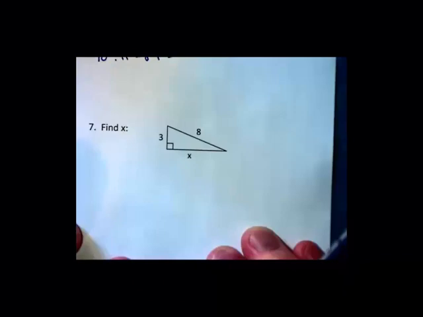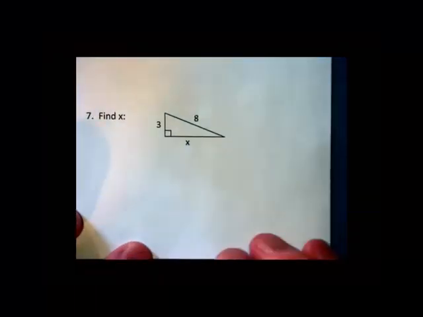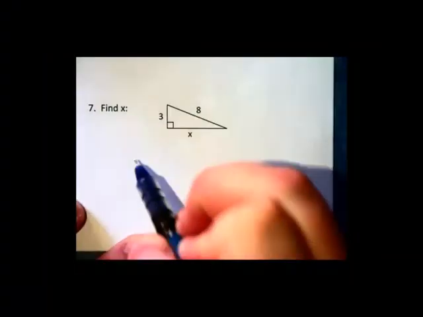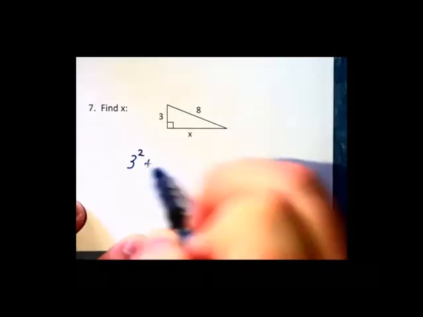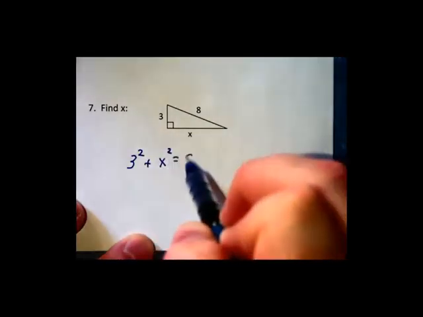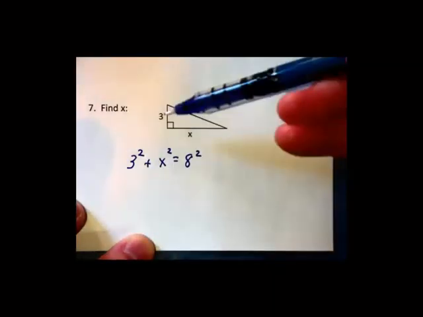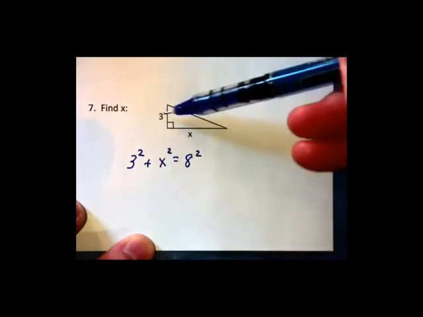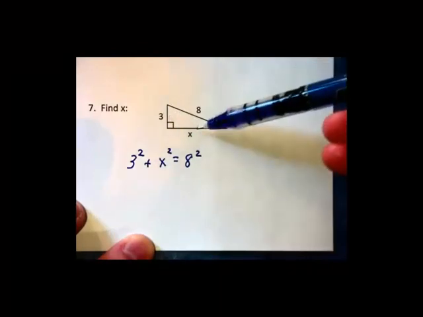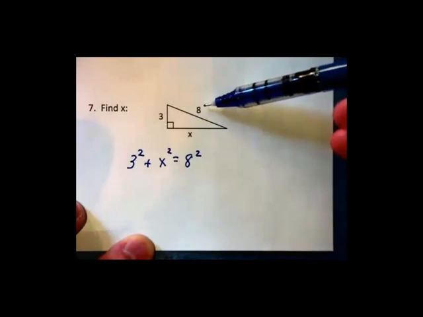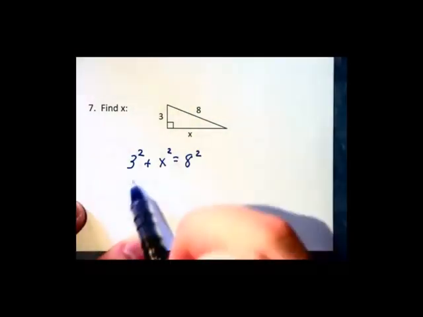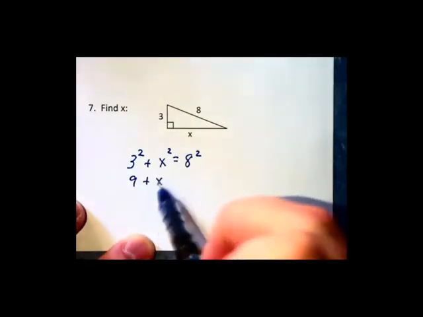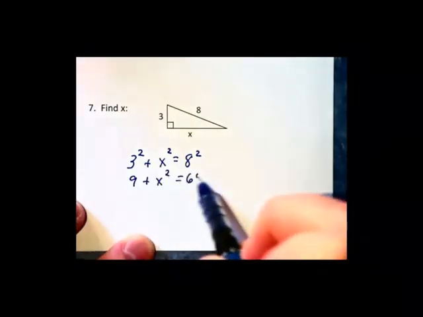On this last problem of this video, we're going to use the Pythagorean theorem to solve for x. We're going to have 3 squared plus x squared equals 8 squared. That's the sum of the squares of the lengths of the legs of this right triangle equals, sorry, not the sum, but the square of the hypotenuse. This gives us 9 plus x squared equals 64.